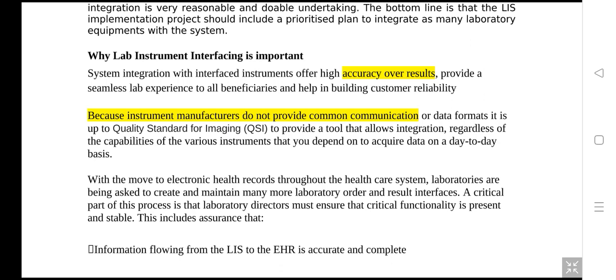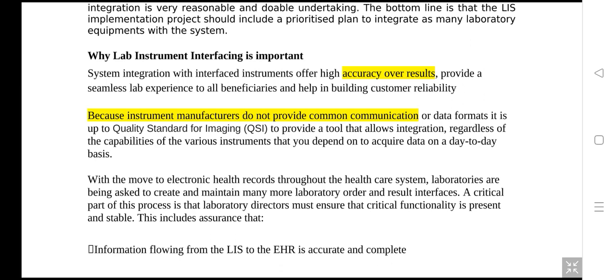When it comes to interfacing, one of the very important advantages is accuracy of results. Results come directly to the laboratory information system, so there is a seamless bridge, a seamless lab experience.